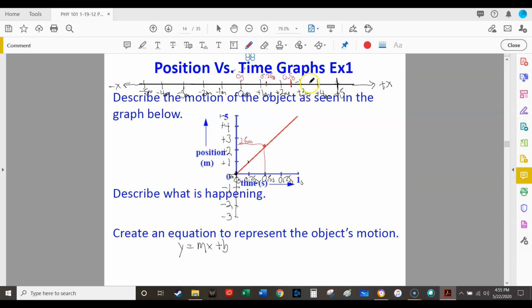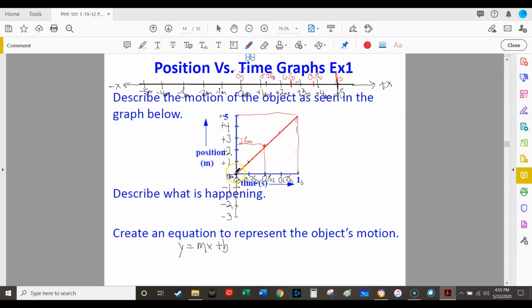At the 0.75 second mark, it looks like it's almost to 4. And then finally, at the 1 second mark, it looks like it's at 5. Okay.